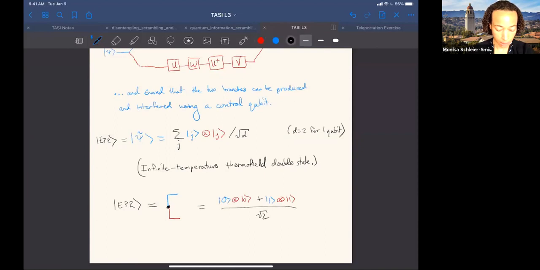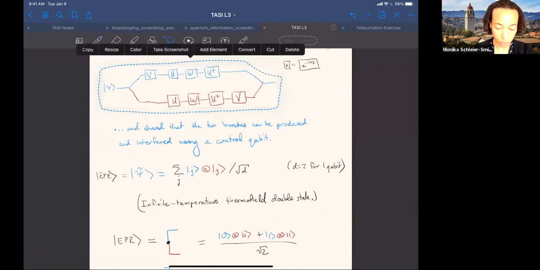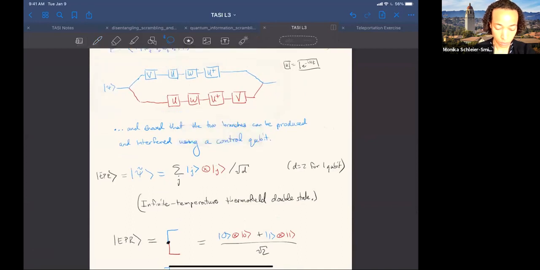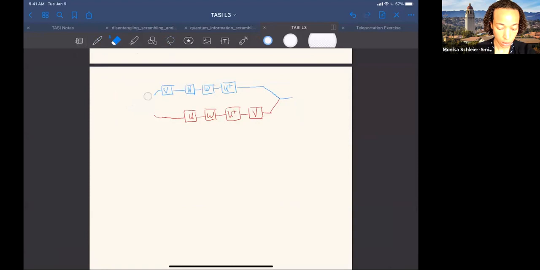And if I wanted to take the Hermitian conjugate of that, I would represent that like this. And now I'm going to draw a slightly modified version of my interferometer, which is that I'm going to start with this EPR state.